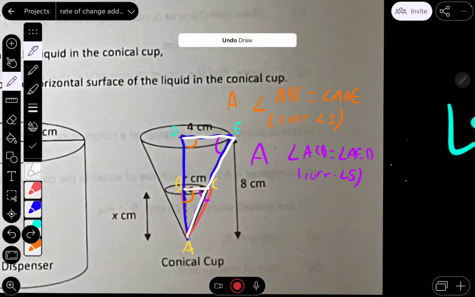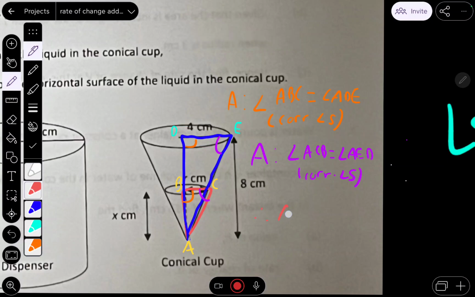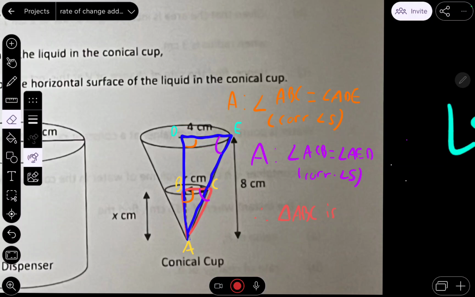Okay, this should be your similar triangle. So what can we say? We can say that therefore triangle ABC is similar to triangle ADE. I'm trying to write it all in one line so that it's easier.